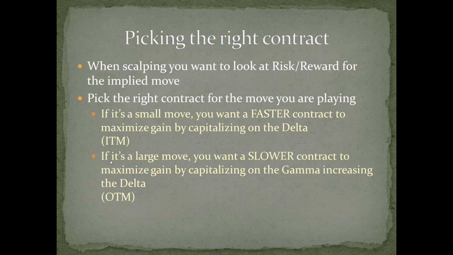Vice versa, if you were playing a bigger scalp, so let's say from point A to point B is like 40 cents, you're going to want a slower contract, which is going to give you more money over time, versus a faster contract.